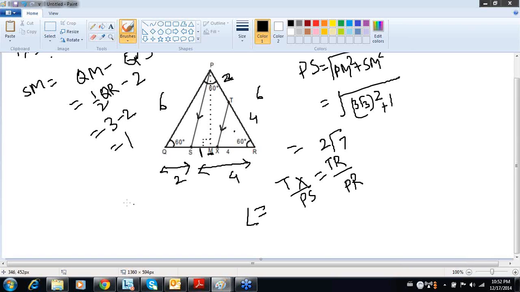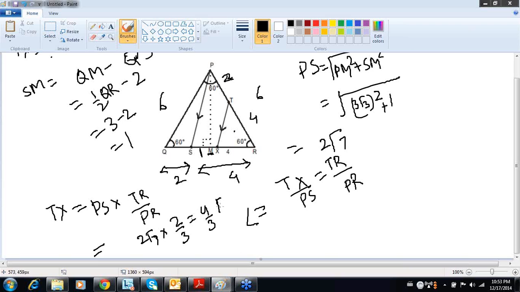We have to find the value of TX, so TX is equal to PS into TR upon PR. Now substitute the values. PS is 2 root 7 into 2 by 3. It will be 4 by 3 root 7. So 4 by 3 root 7 will be the value of TX.